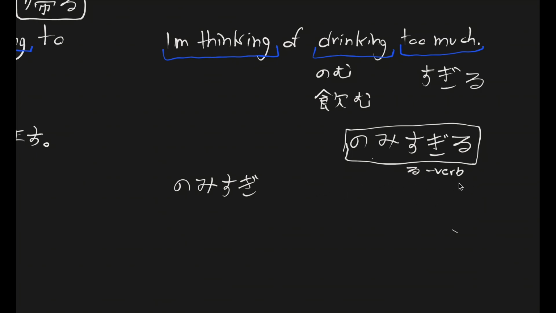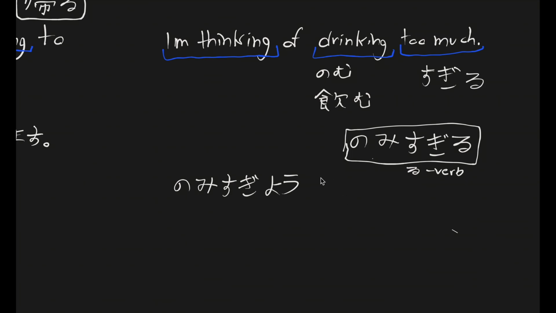So with this ru verb or ichidan verb, how do you change it to a volitional form? Well, you get rid of ru, and what do you add? Yo. So nomisugiyo is the volitional form of nomisugiru.